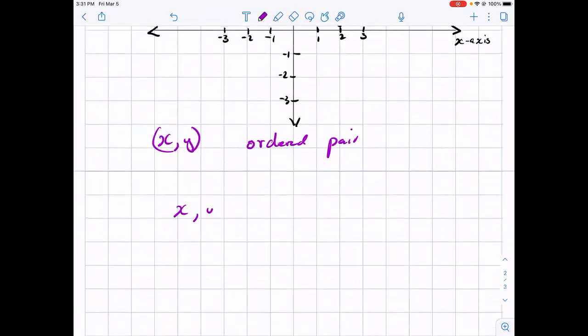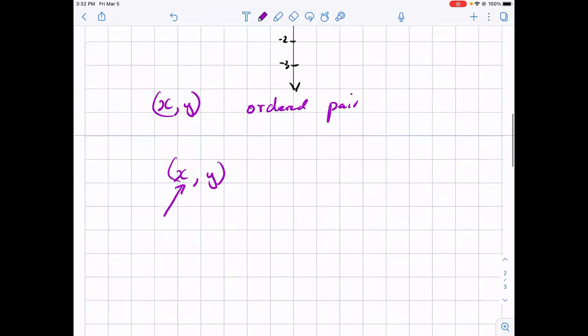So once again, when we have x, the x really is the distance from the y-axis. The distance from the y-axis.